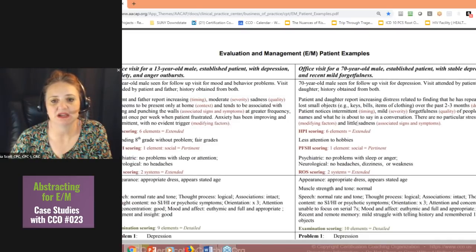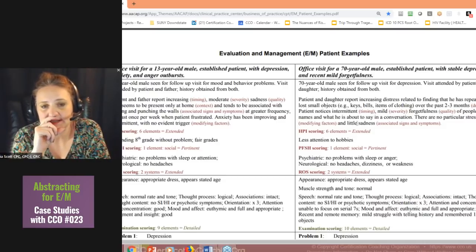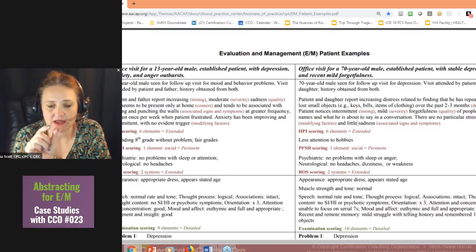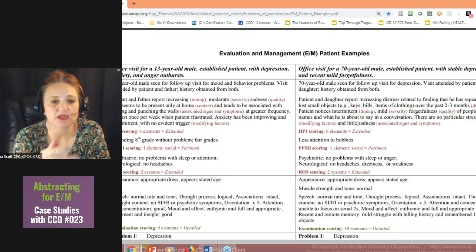Now we're going to look at some 99214s, and let's pay attention to what is abstracted here. And again, another reason why I think this is so valuable is notice that the pink or the light color that they're using is right after what they're abstracting. So I think it's again a great teaching tool for us as coders.